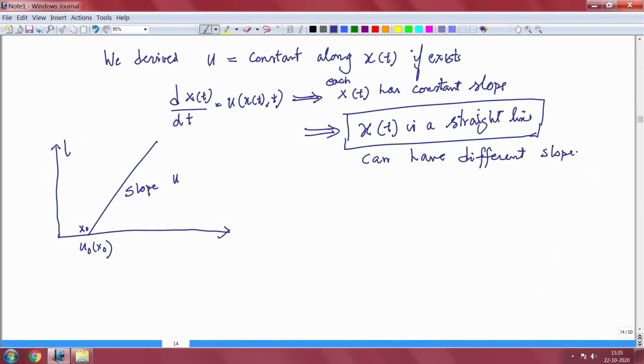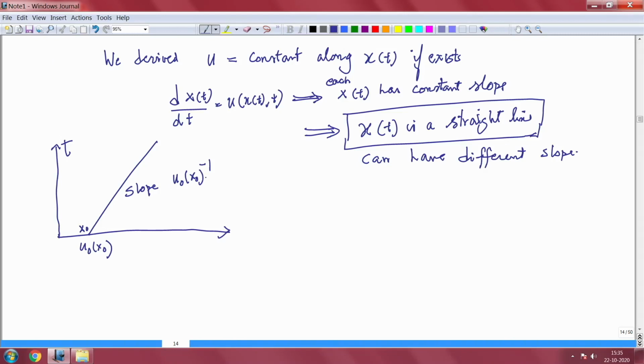Because u is constant along this curve, the value of u along that direction is u naught of x naught, so the slope is u naught of x naught to the power minus 1.